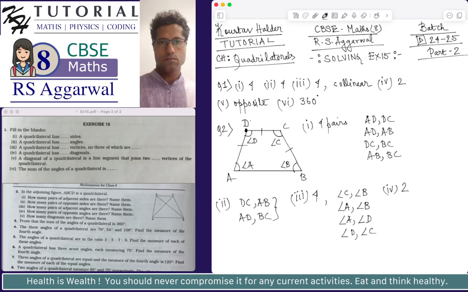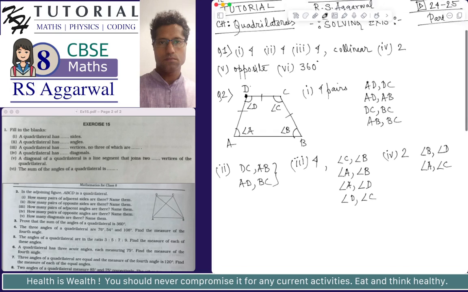Since there are two pairs of opposite vertices in a quadrilateral, there are two pairs of opposite angles. For this quadrilateral, vertices B and D are opposite vertices, therefore angle B and angle D are a pair of opposite angles. Similarly, vertices A and C are opposite vertices, so angle A and angle C are another pair of opposite angles.